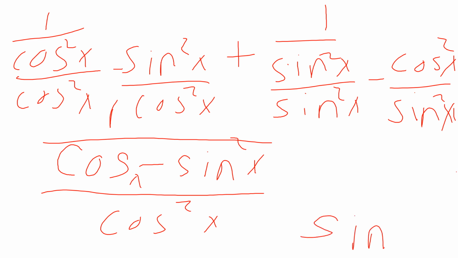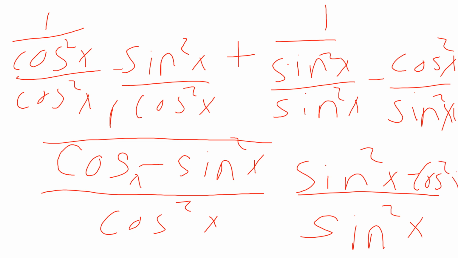The denominator over your numerator combined, sine squared x minus cosine squared x over 1.